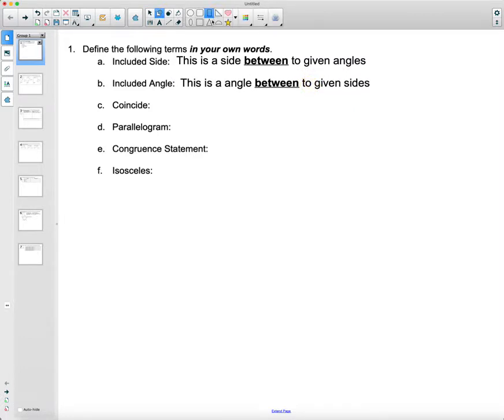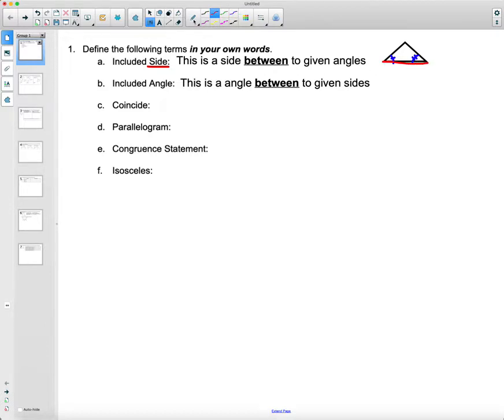So if I drew a triangle here for this one, included side would be if I gave you two angles here. So if we talked about this angle and then this angle, the included side would be the one right between those two.